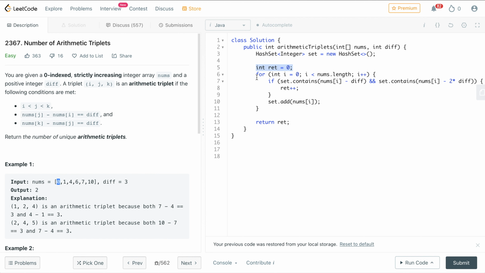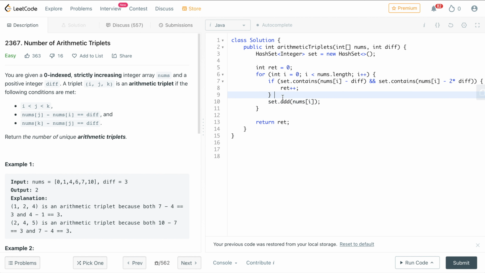So now we're just going to iterate through our nums array, and every time we access a number in our array, we check to see if our hash set contains the number that we're at minus our difference, and we check to see if the hash set contains the number minus 2 times the difference. If both of those conditions are met, like we talked about on the iPad, we increment our return value.